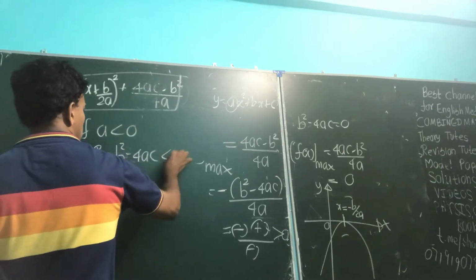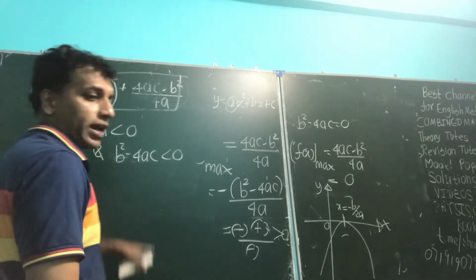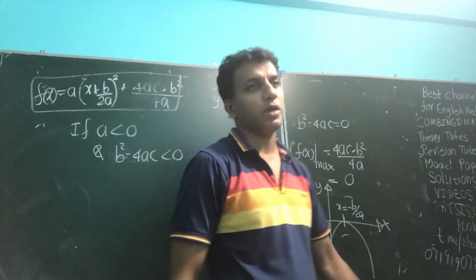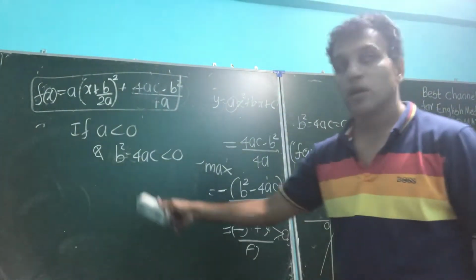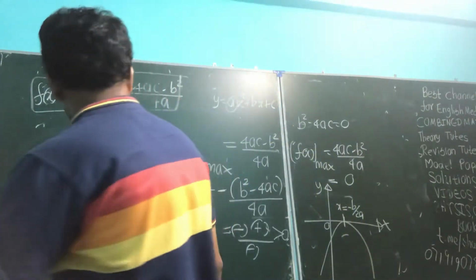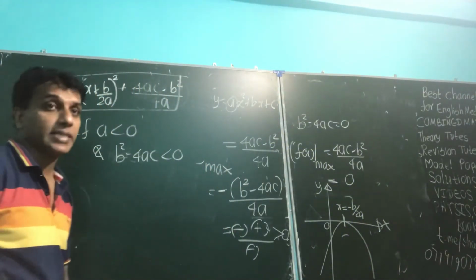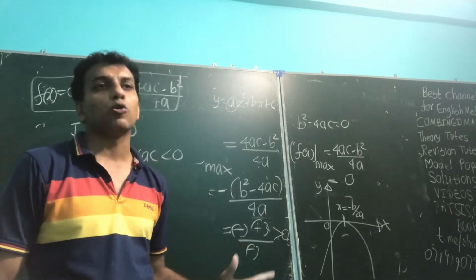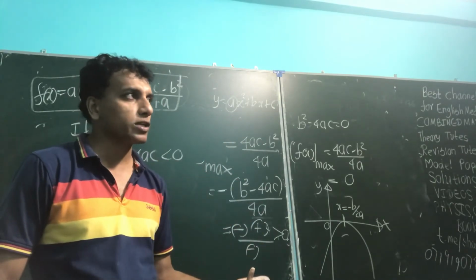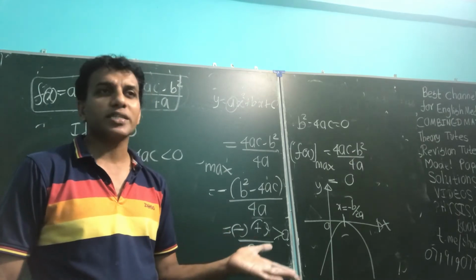Both are negative, right? These conditions are important. In A level they ask these conditions in recent papers. So write that A less than 0, delta less than 0, both negative. Especially delta negative means no real solution. If no real solution, the graph never cuts the x-axis.